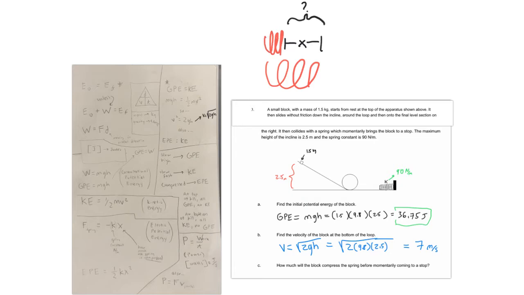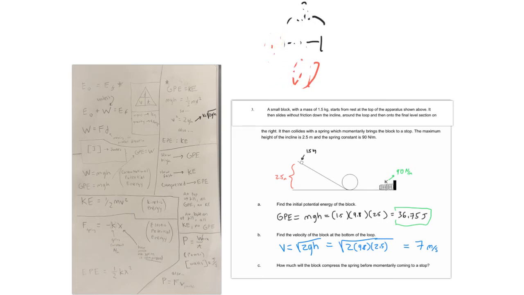So if you ask, how much did you compress the spring? It's basically saying, how much distance did you compress it over? For lack of a better way of putting it, how much means how much ground did you cover during that compression? So that might be a way of seeing it.